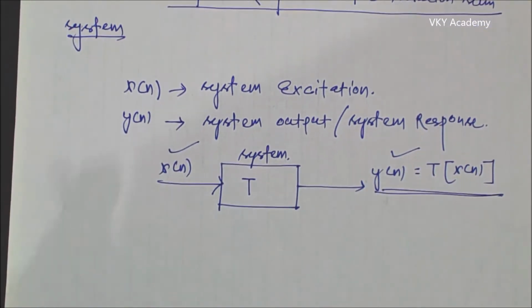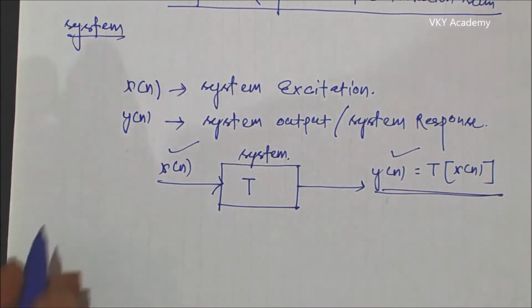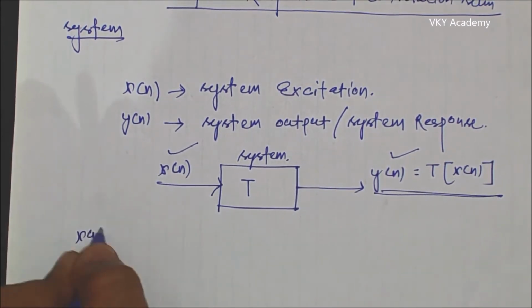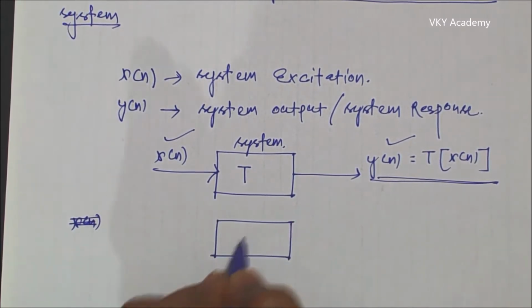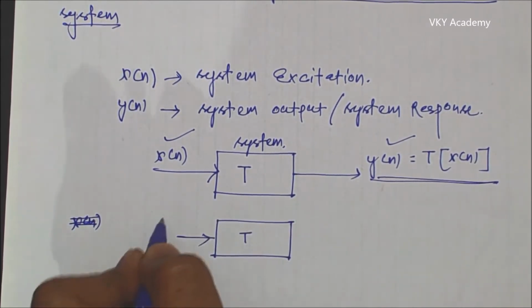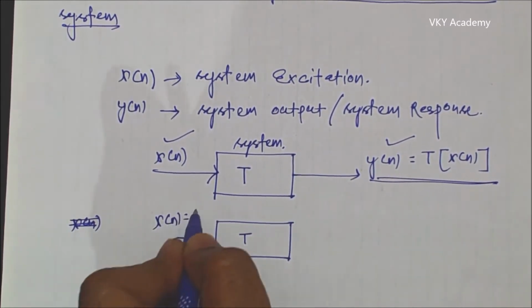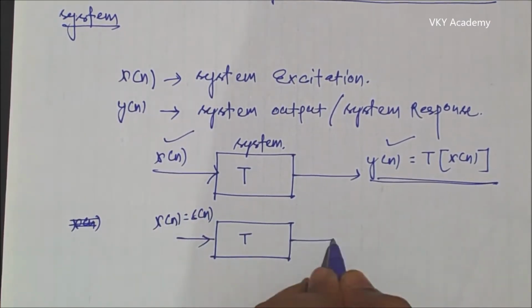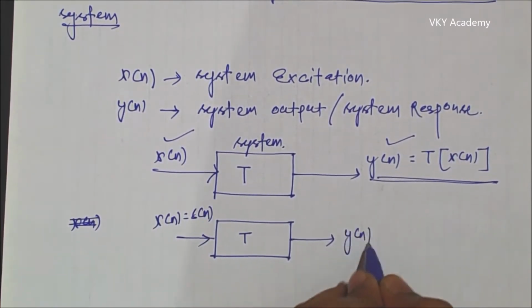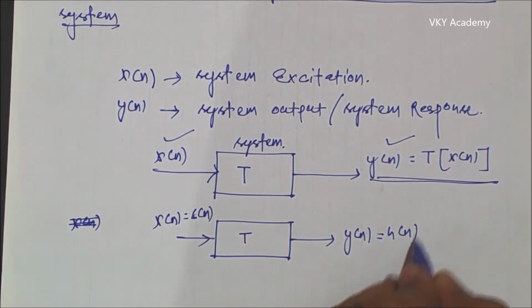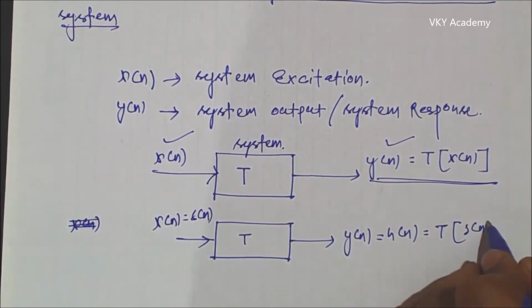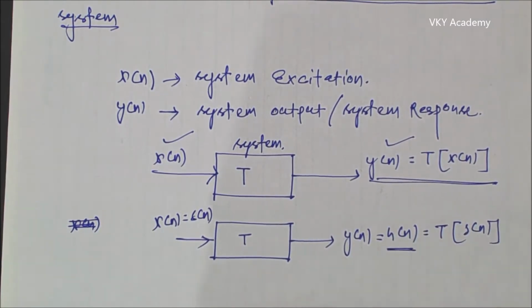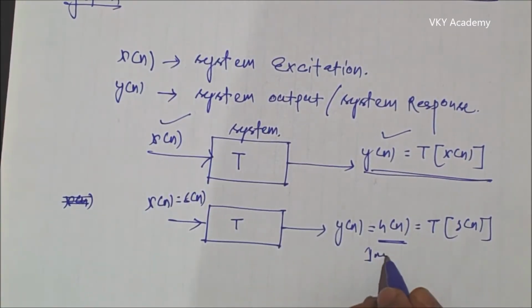Now we have already discussed in the previous class that any arbitrary signal x of n can be represented by its impulses. Now if the input signal x of n is delta of n, or we can say the unit impulse function, then the output will be h of n, which is actually T of delta of n. So this h of n is called the impulse response.